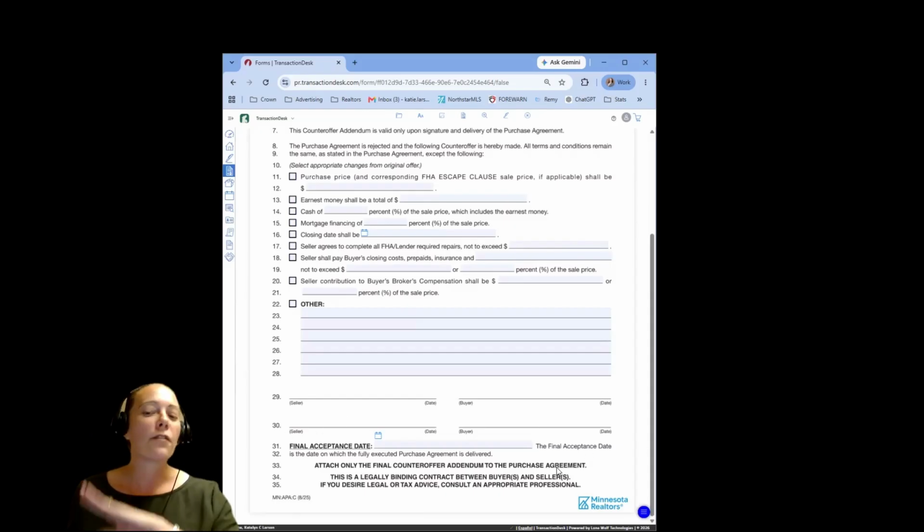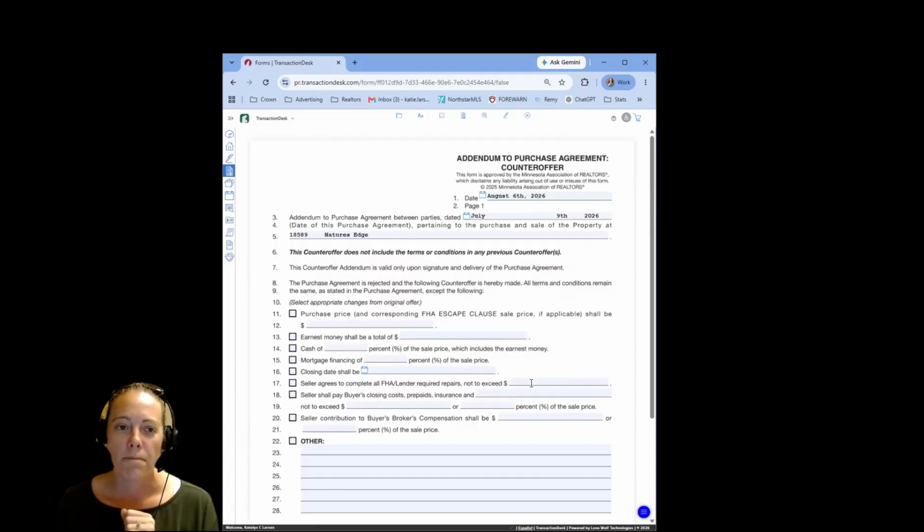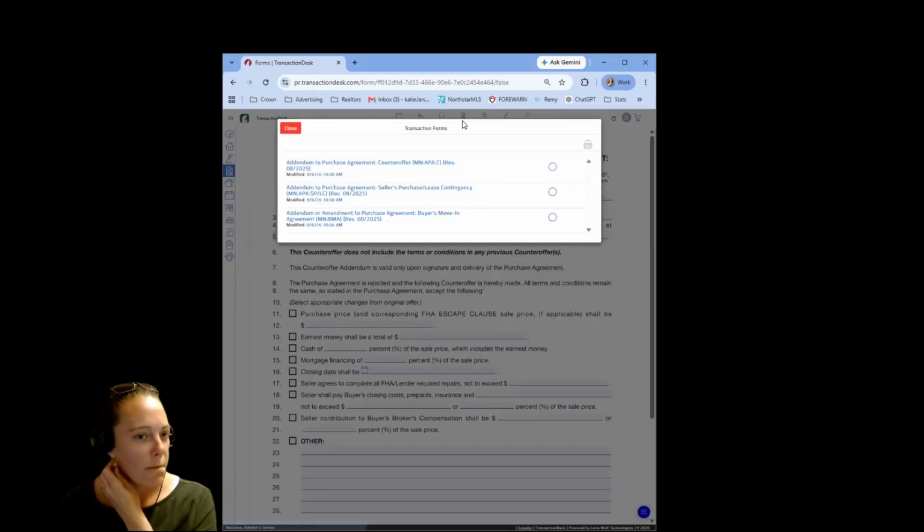And then once everybody's signed and everything's delivered, you'd write in the final acceptance date. Final acceptance date is going to be down here on the bottom. And then you attach the purchase agreement and the counteroffer and any other addendums. And that's your fully executed purchase agreement. Okay. That's the counteroffer form.